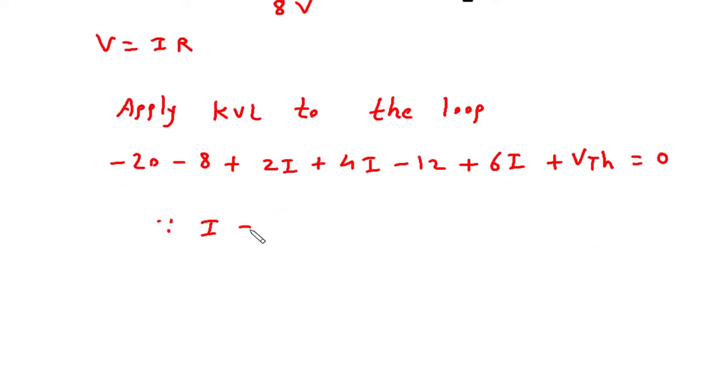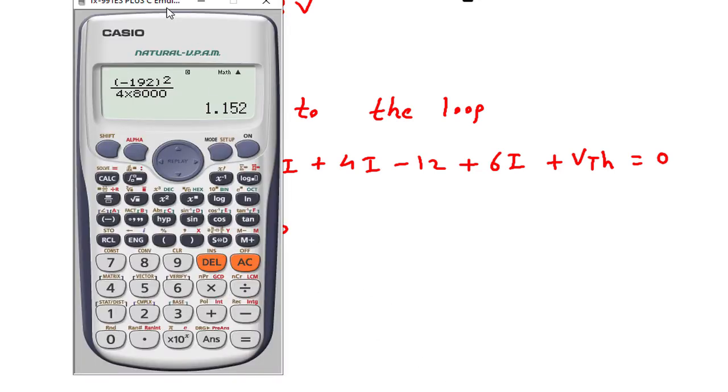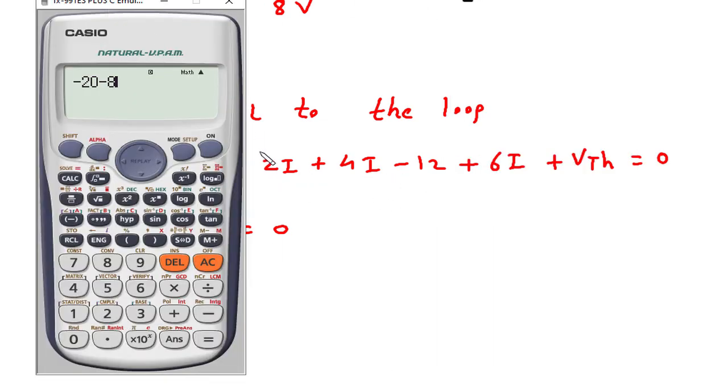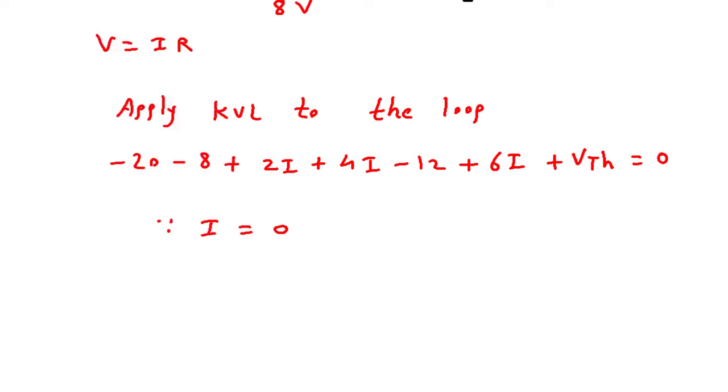Since I is equal to 0, so this will be directly minus 20, minus 8, and this will be 0, then minus 12, then it is minus 40.